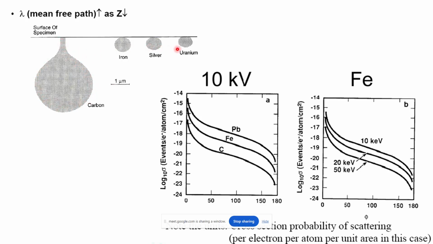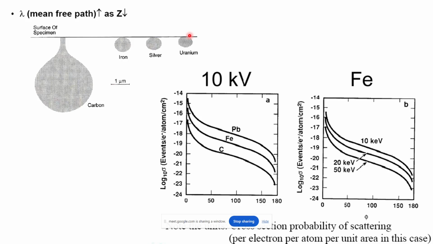Whereas in higher atomic number the neck will be very small. It will be directly a spherical kind of shape which indicates the interaction volume of the specimen.